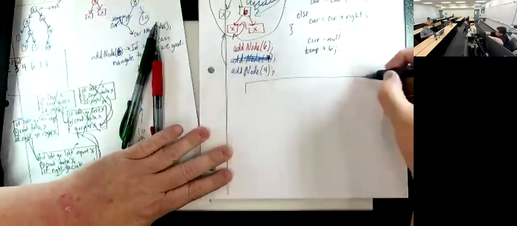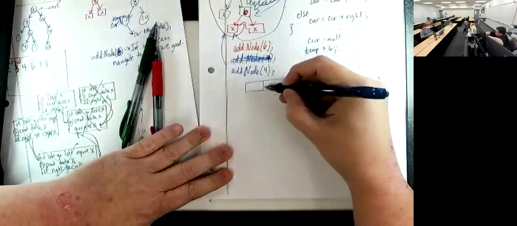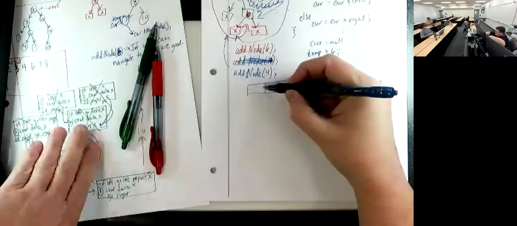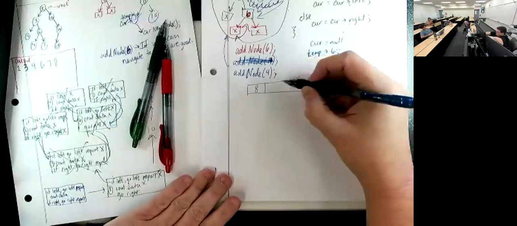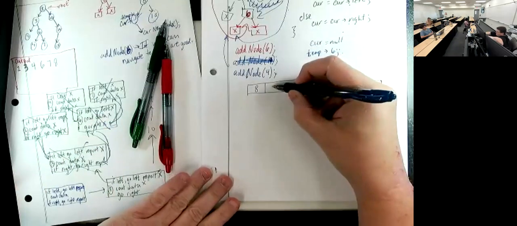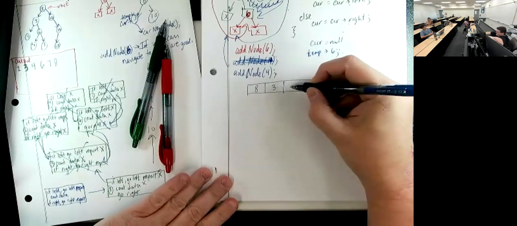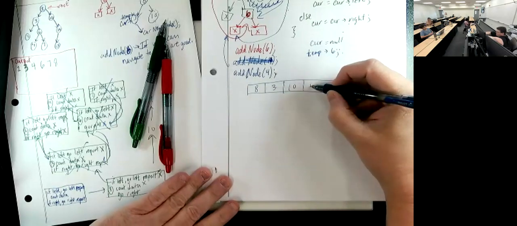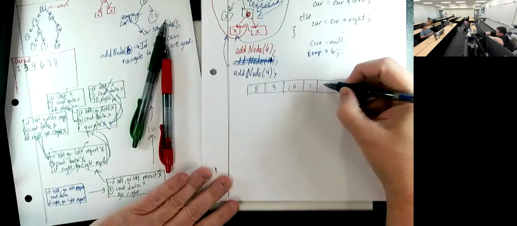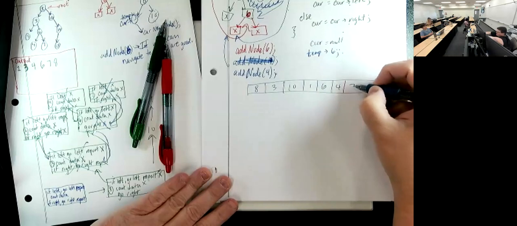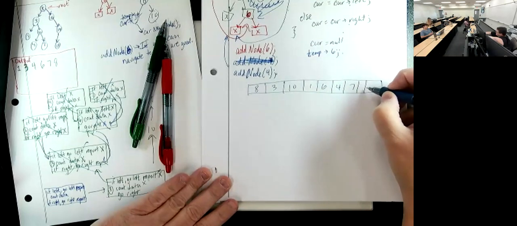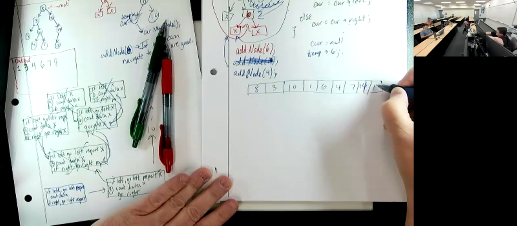Okay, what I wanted to do is something like this. Right now the data's coming in 8, 3, 10, 1, 6, 4, 7, 14, 13.